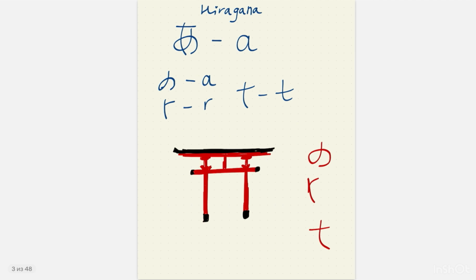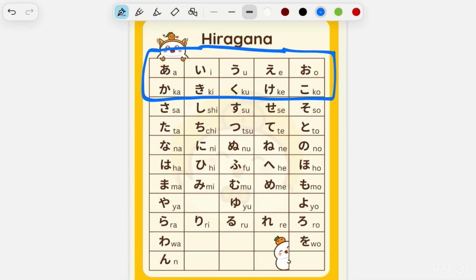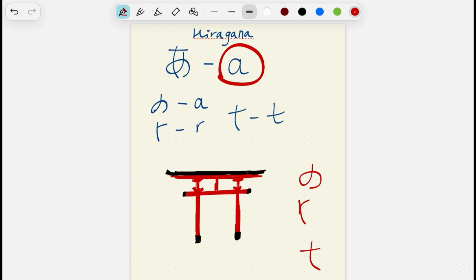First one. Here we can see the first one is A, right? We can learn this letter by imagining it as something else that we know already.